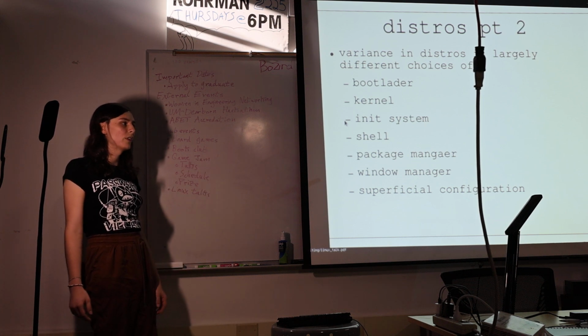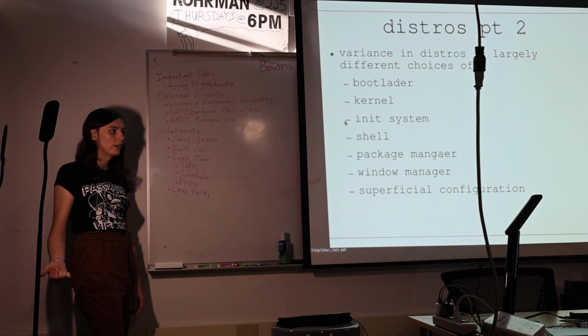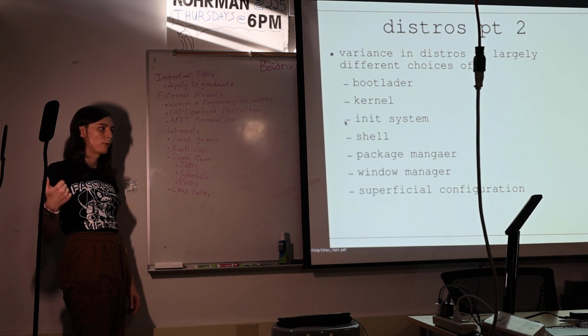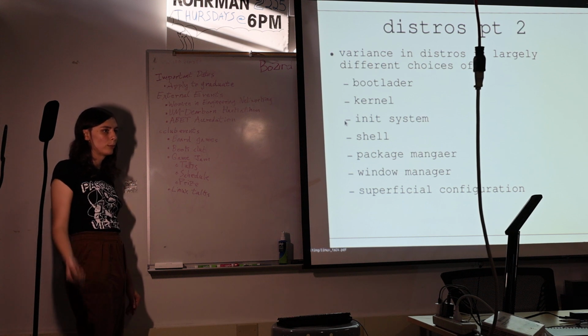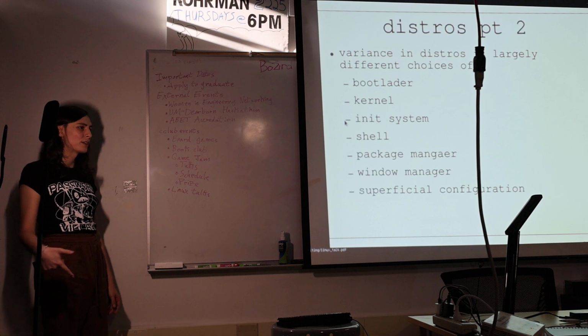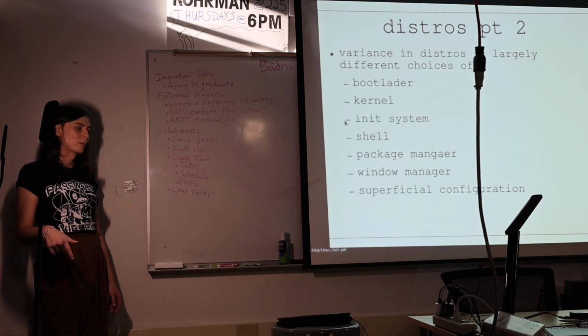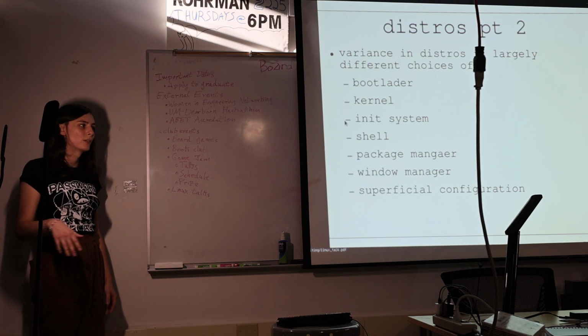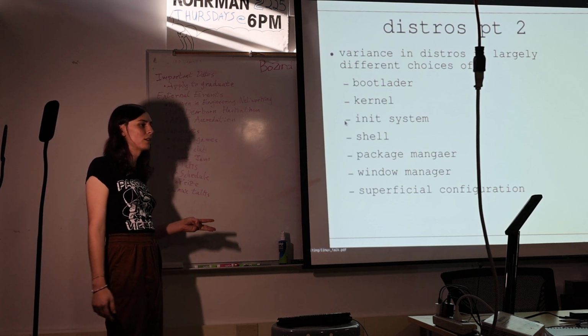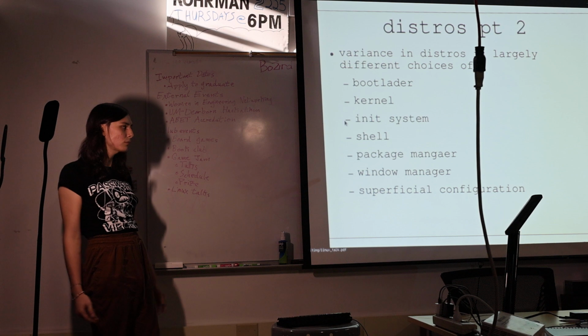The kernel, in my case, I'm using Parabola Linux, which is a fork of Arch Linux that's specifically only free. So it uses the Linux-libre kernel instead of just the basic Linux kernel. I think the only difference is the Linux kernel bakes in some proprietary networking drivers, stuff like that. The init system: runit, OpenRC, s6, systemd.